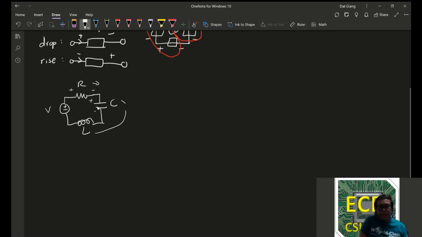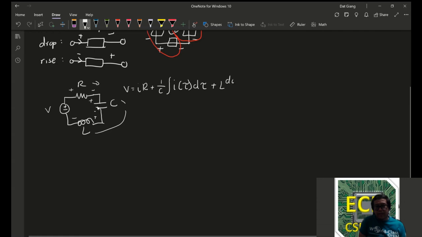So let's assign polarity to parts that haven't already been given. We have V equal to IR plus 1 over C times the integral of I(tau) d tau plus L di/dt. Now, for the time being, for the viewer, this is simply the result that we get for a capacitor and for an inductor.